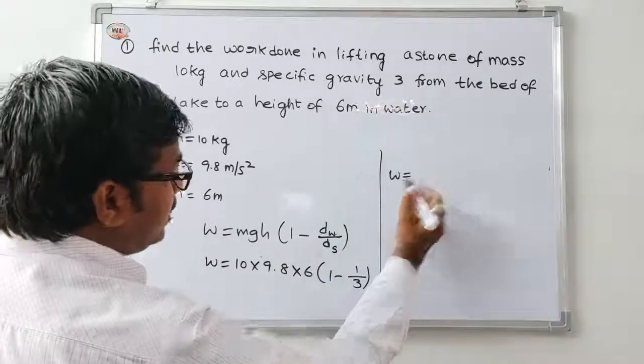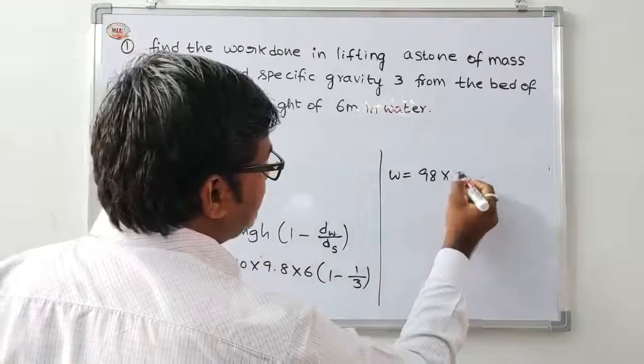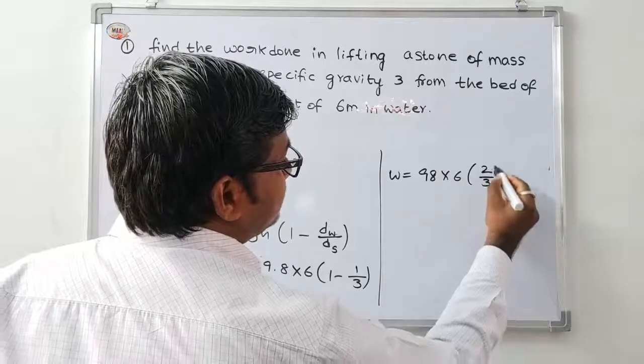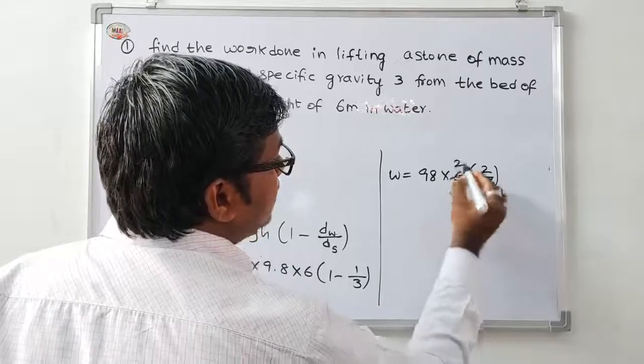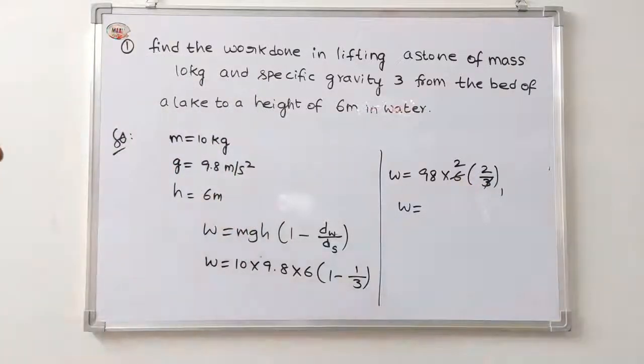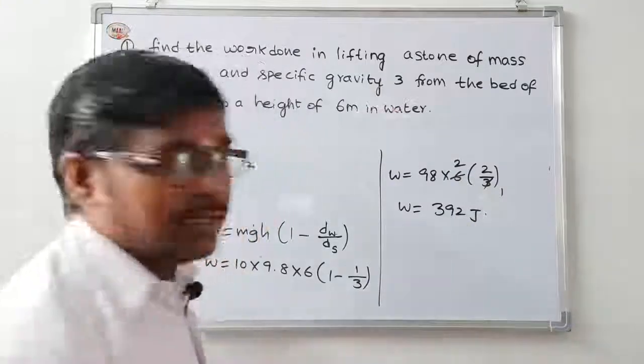Then W is equal to 10 into 9.8, 98, into 6, into 2 by 3. 3 ones, 3 twos. W is equal to 98 into 4, so 4 threes, 4 eights, 32. The total is 392 joule. This is the answer.